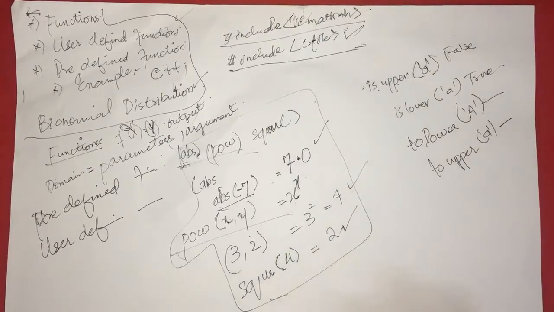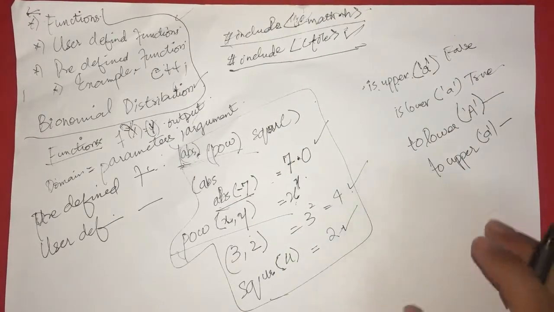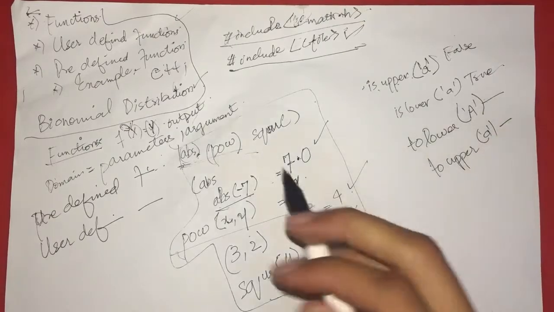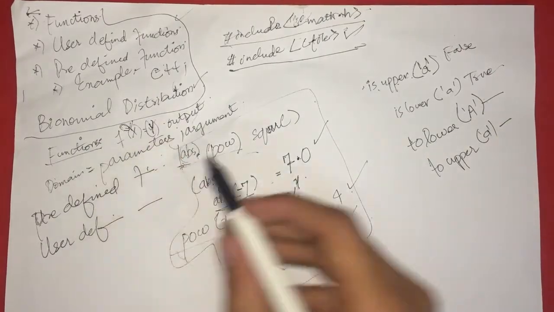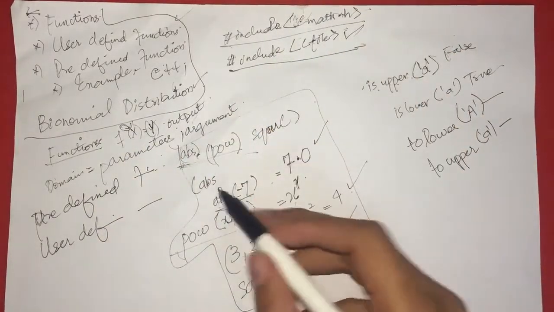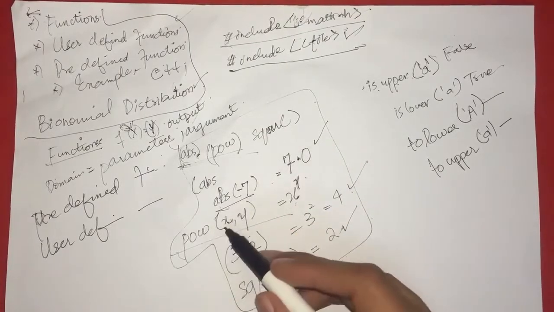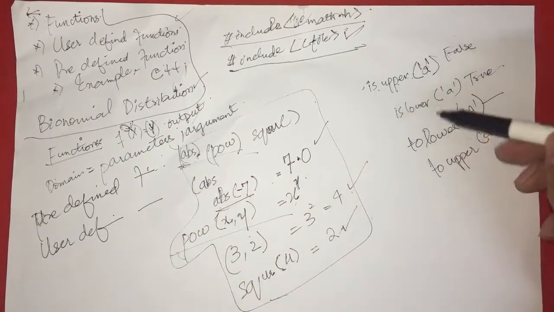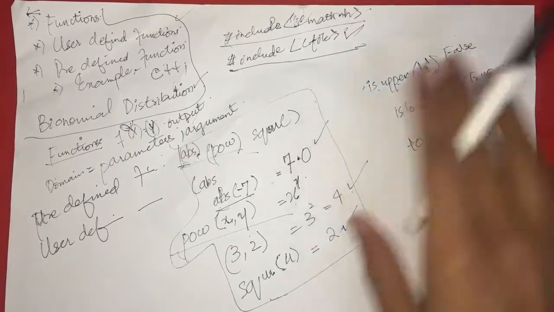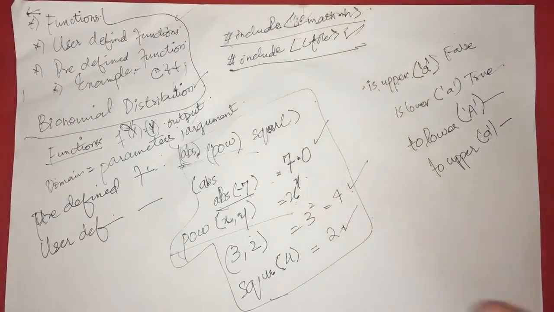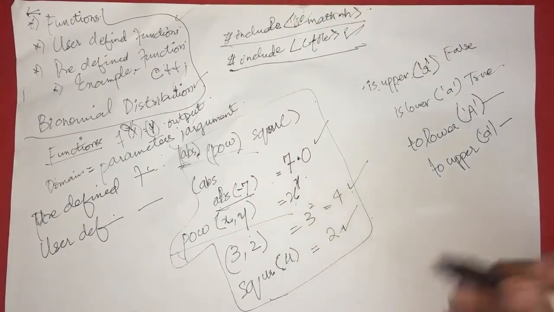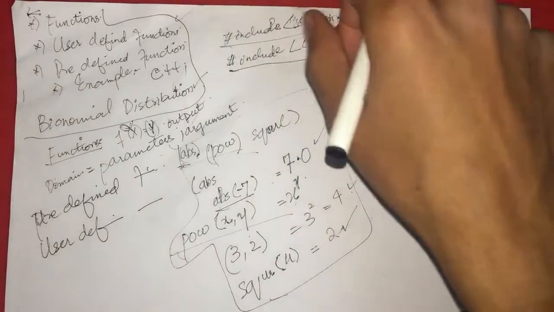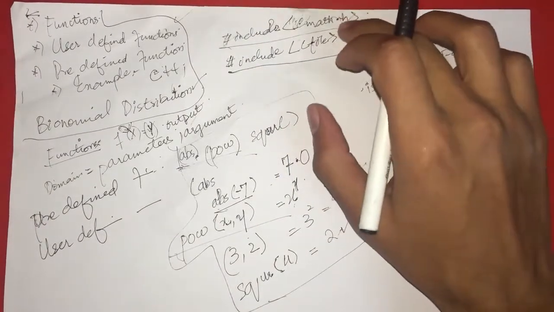So this was how the functions work in C++. These were some predefined functions. You have ABS, power, square root, is lower, to upper, is upper. Like that, there are many other predefined functions. Their code is already present in the file you have declared at the top.